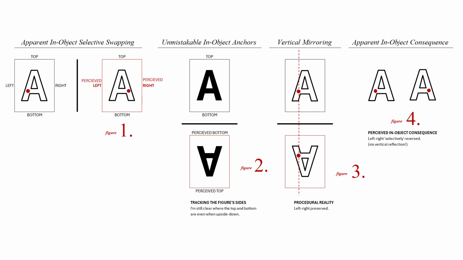The image is left-right preserved and top-bottom reversed. Yet figure 4 shows the apparent in-object consequence. When I rotate the reflected form to compare them side by side, and I might do this work mentally, the reflected image is left-right reversed versus the pre-reflected form.